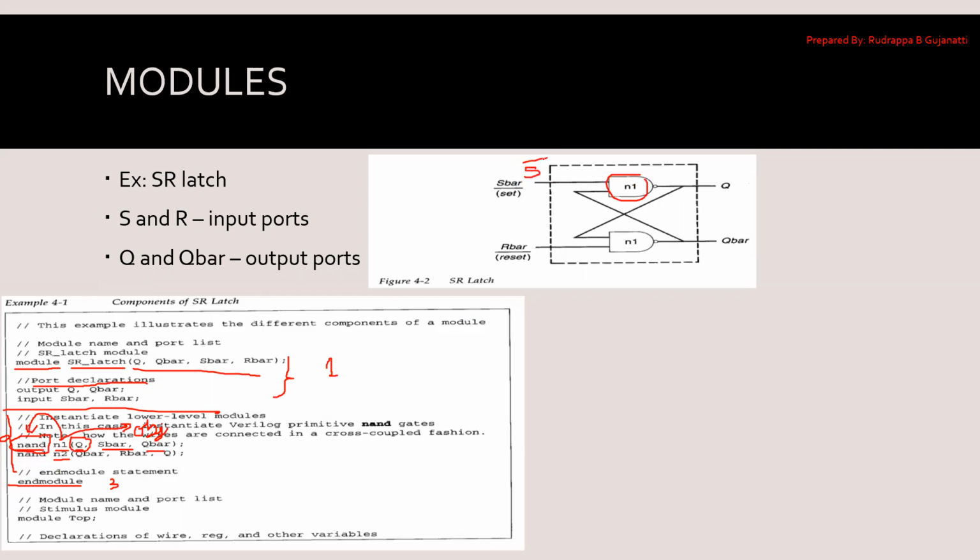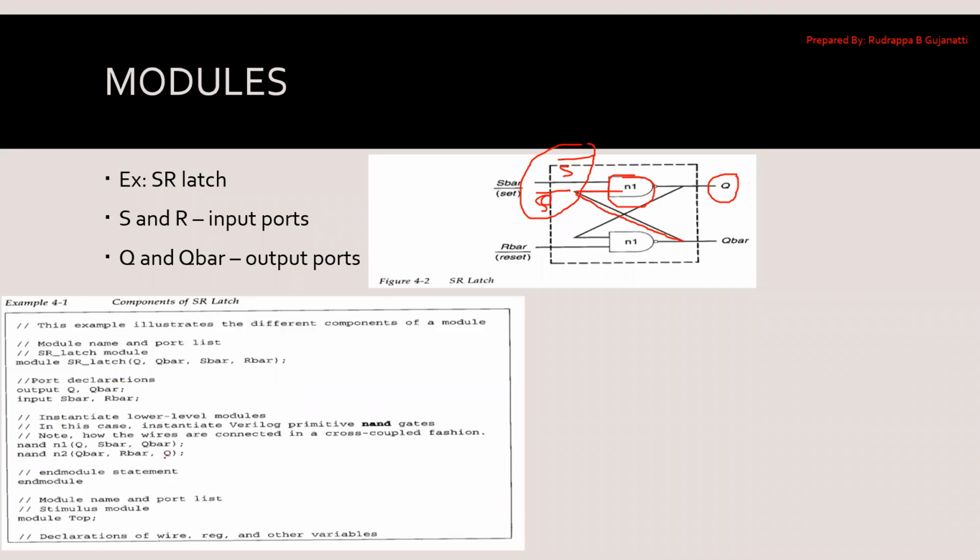Sorry, S bar is the input, and here you can see that Q bar is the input. So these two are the inputs to this instance of the NAND gate. And what is the output? Q is the output. So this is the syntax how you have to use it. Q is the output, these two are the inputs.